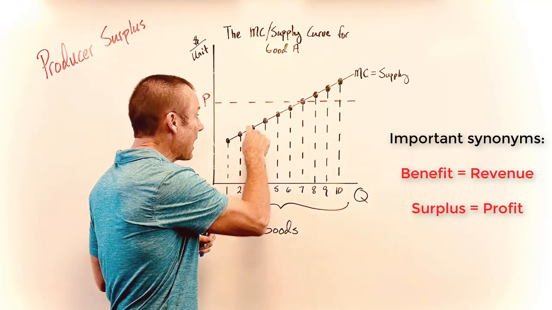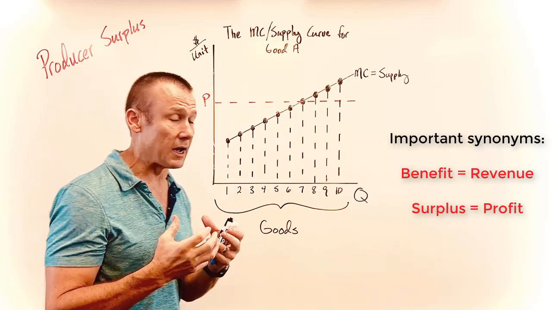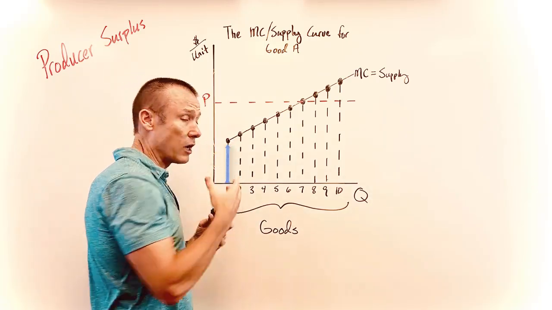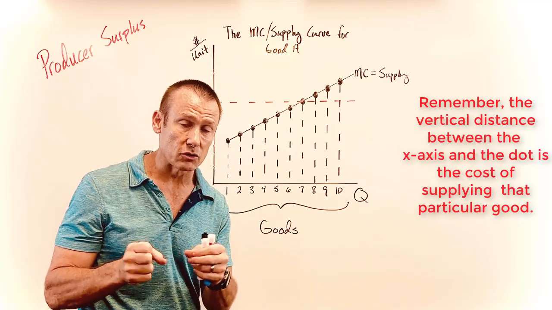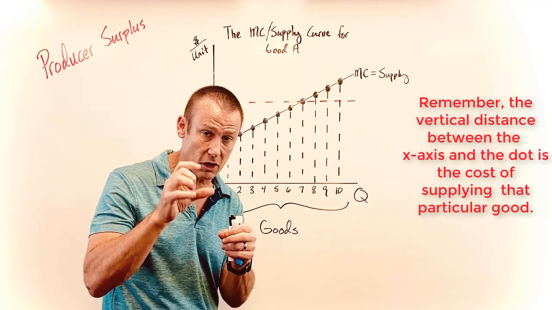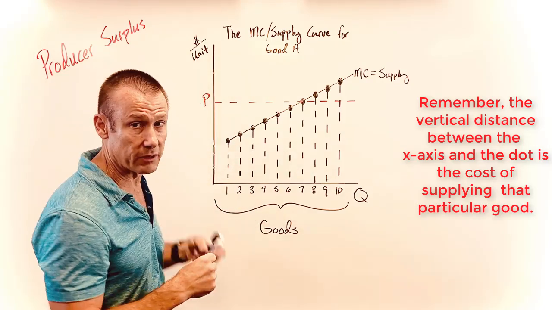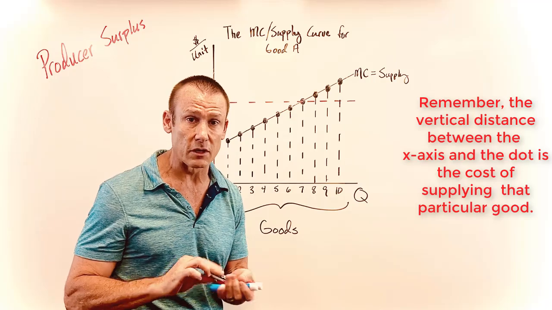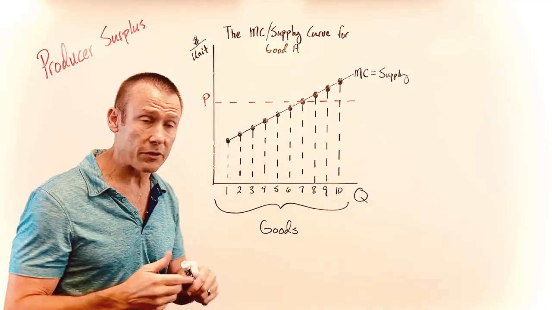And again, the dots that make up the marginal cost curve or supply curve, guys, those are measuring the cost of supplying that particular good. That's the marginal cost. The marginal cost is getting the cost at a per unit level. And that's why I have dollars per unit here. It's very important for students to understand this vertical axis right here is measuring more than just price.